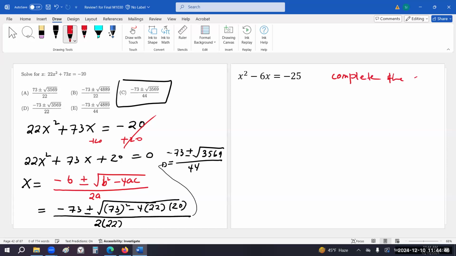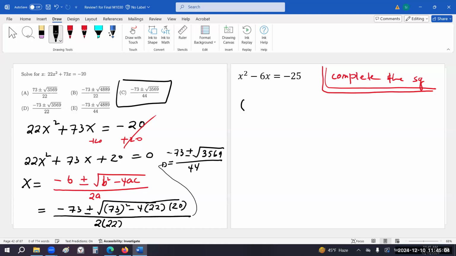It's up to you which method you want to use, but let me refresh your memory with complete the square. You need to know complete the square because of the circle. There will be one question definitely from the circle, and circle needs complete the square.